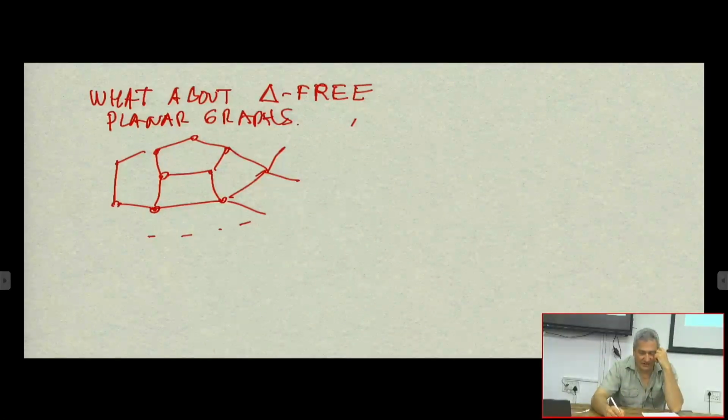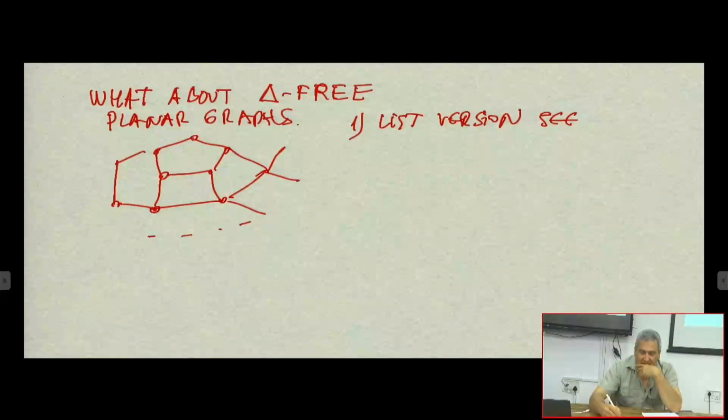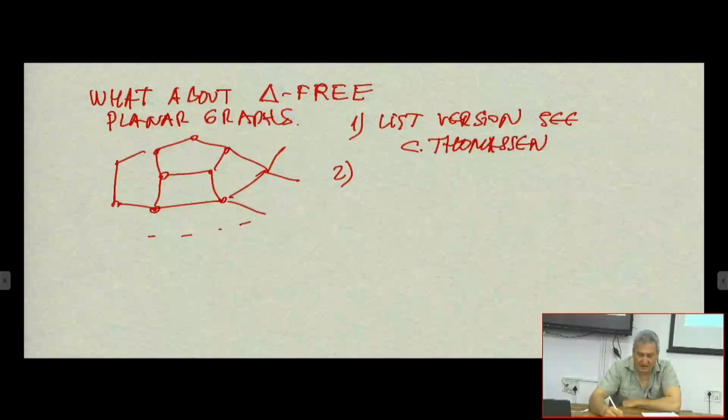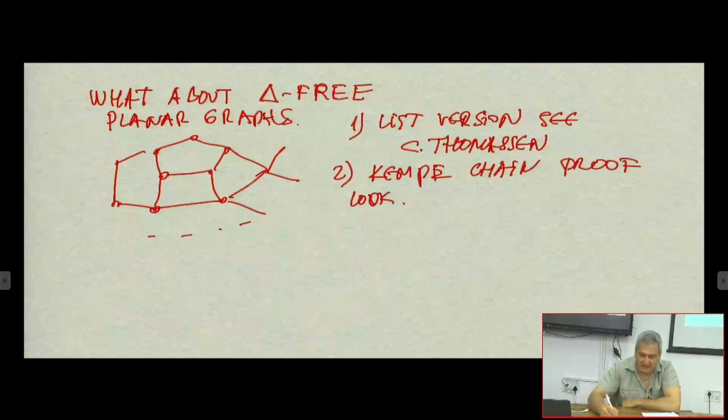For list version, choosability 5, and then it can be reduced to usual coloring for choosability 4. See Kostochka and Thomassen proof. For Kempe chain proof, look at Zdenek Dvorak.